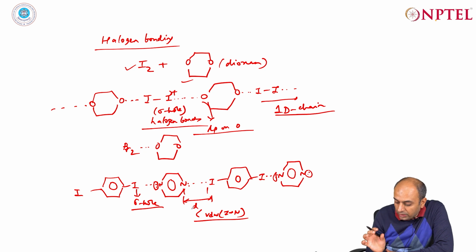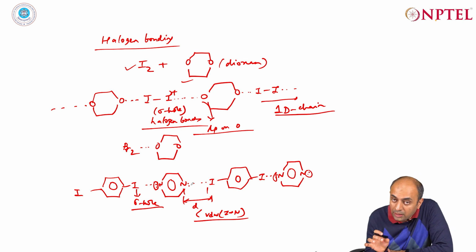There is a substantial reduction in the separation between the iodine and the nitrogen atoms at the equilibrium geometry, which is shorter than the sum of the van der Waals radii, telling us that there is a strong electrostatic control because of the sigma hole present on iodine. The nitrogen lone pair is able to interact with the sigma hole very strongly, such that there is substantial contraction in this distance which separates the nitrogen and the iodine atoms.